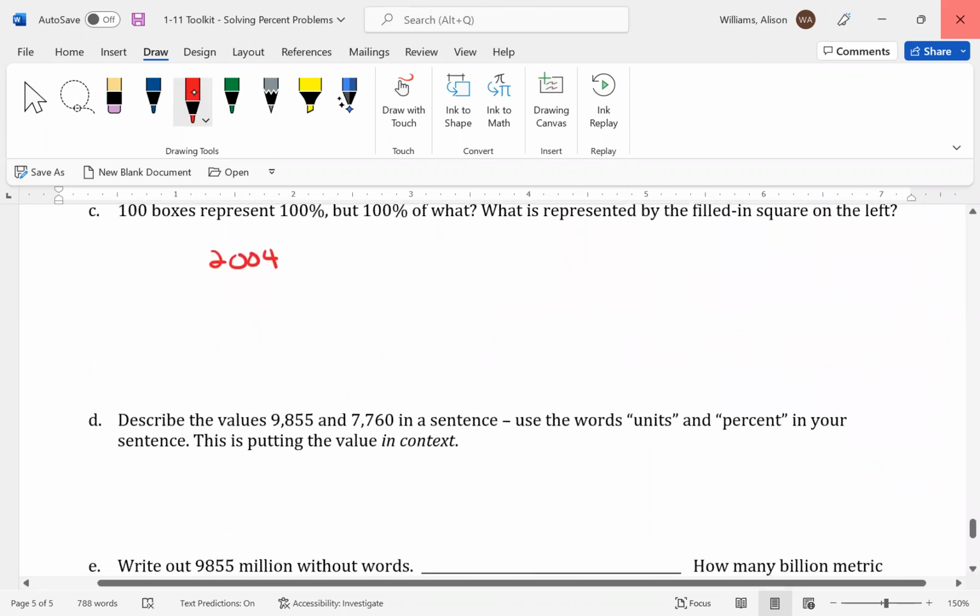Now, describe the values in a sentence of 9,855 and 7,760. Use the words unit and percent in your sentence. This is putting the value in context.